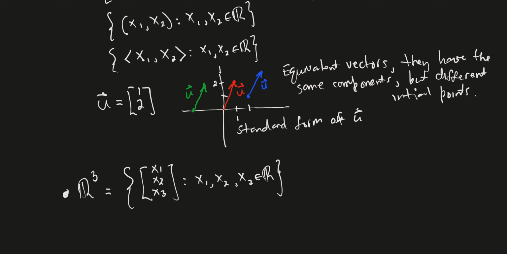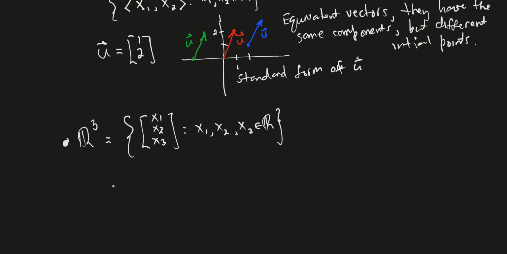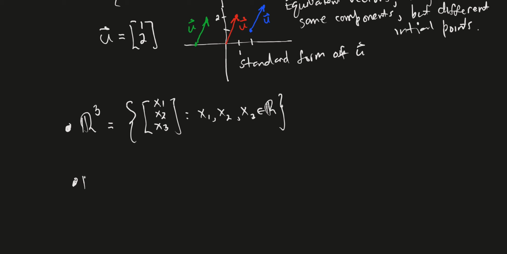But what we want to be able to do from an algebraic standpoint is not be limited by just 2 or 3 dimensions, because there are sometimes where you need vectors that have more than 3 components. And then that takes us to Rn, right? So Rn are vectors in this form: x1, x2, dot, dot, dot, xn, where again all the components, the xi's, are real numbers, where i goes from 1 to n.